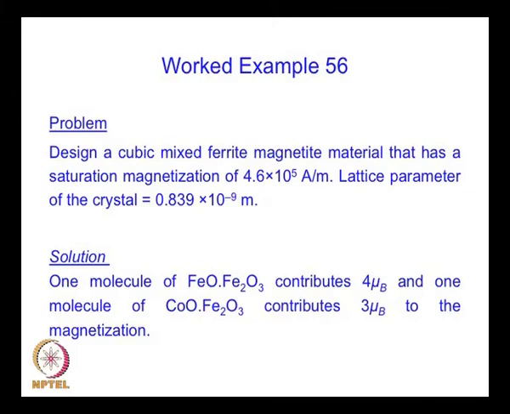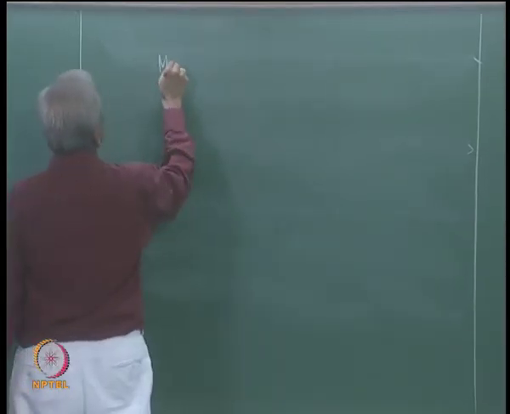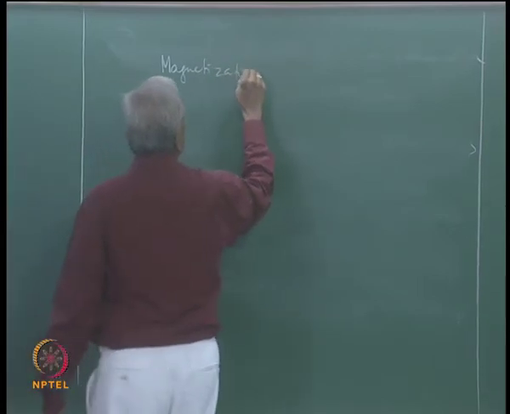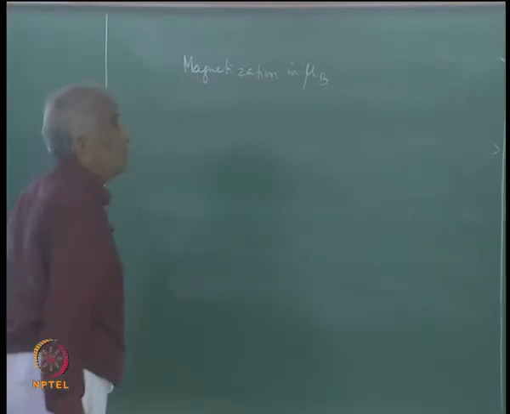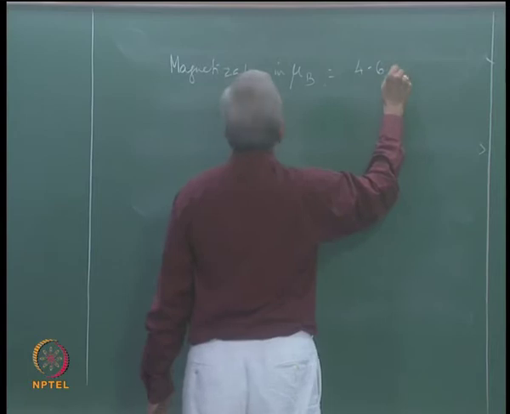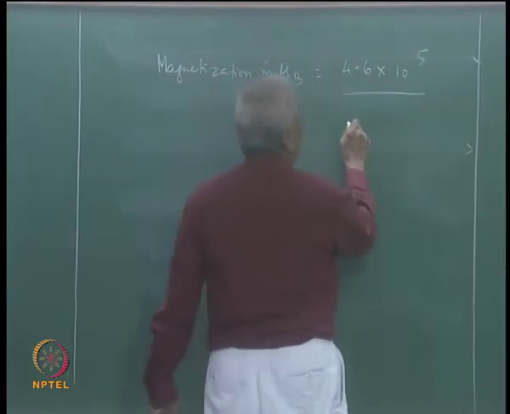From the value of saturation magnetization given, we write the magnetization in Bohr magnetons. So, this is the given value divided by the value of 1 Bohr magneton.